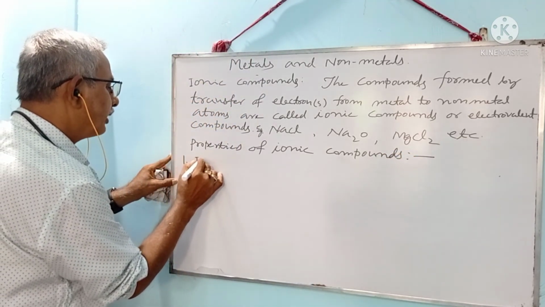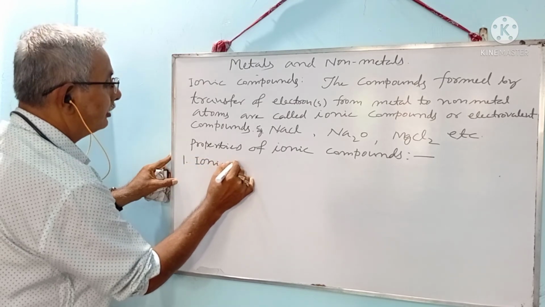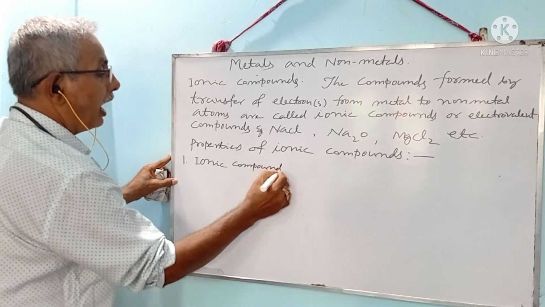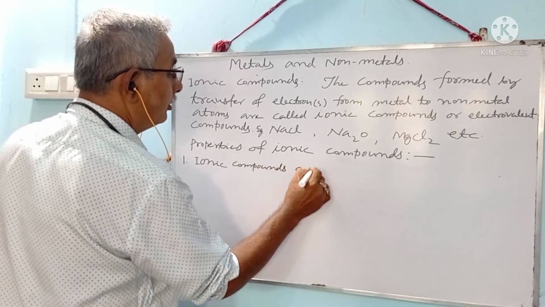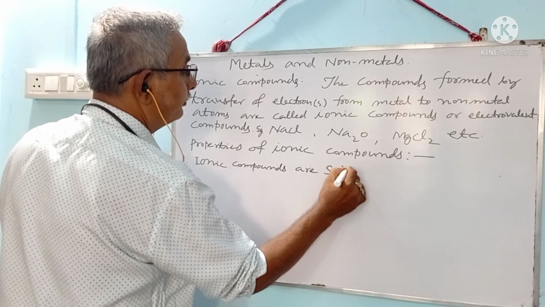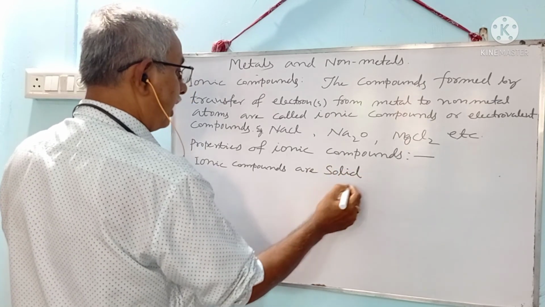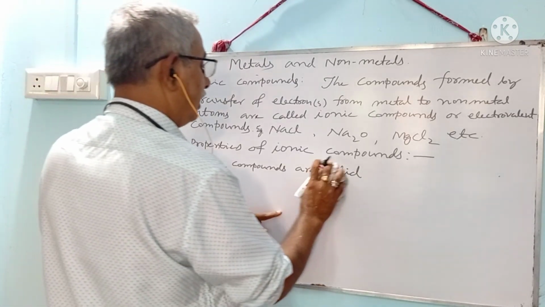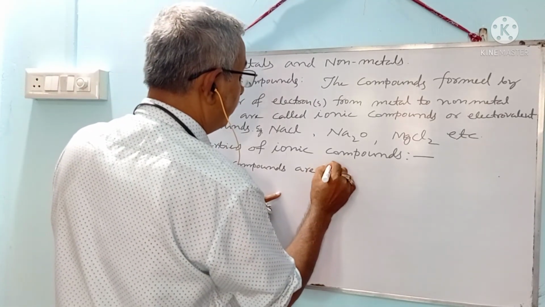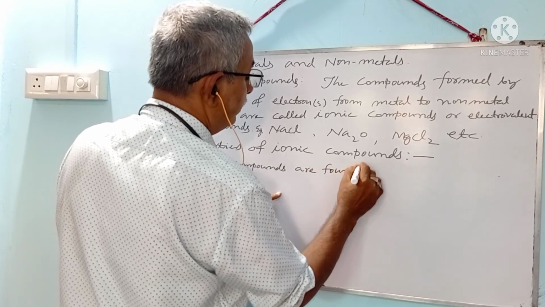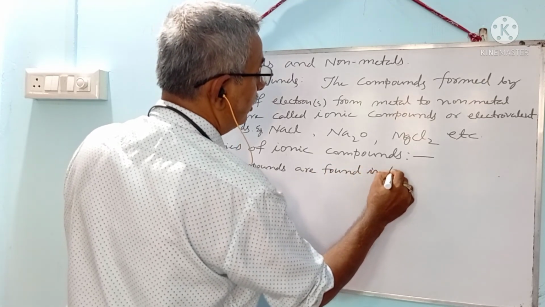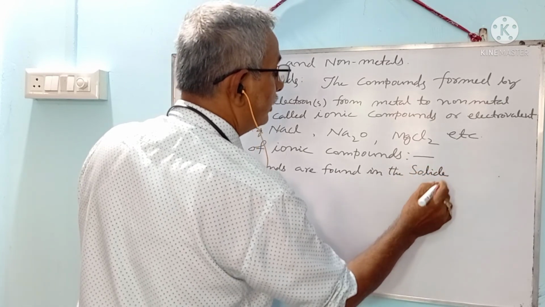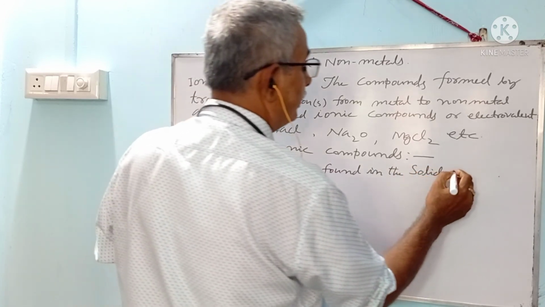Ionic compounds are solid. Found in the solid state, you can also write, are found in the solid state.